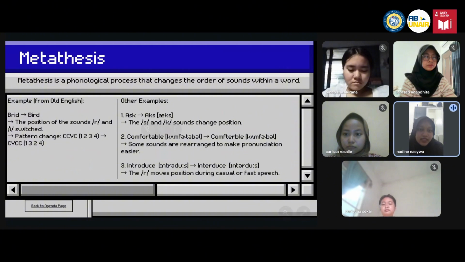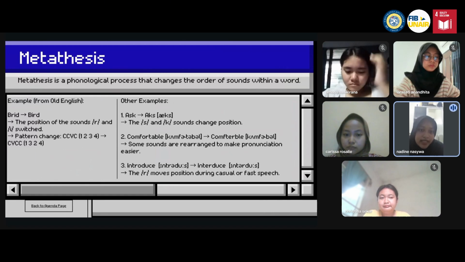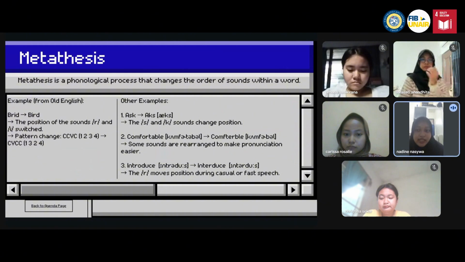For instance, in Old English, the word bird used to be pronounced brid, and became bird. The positions of the sounds R and I switch. We can show it like this: CCVC, or 1 2 3 4, becomes CVCC, 1 3 2 4.